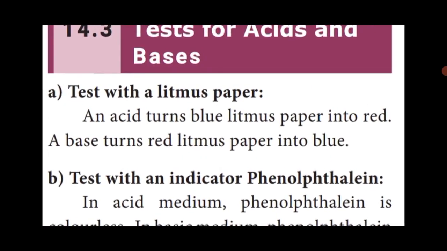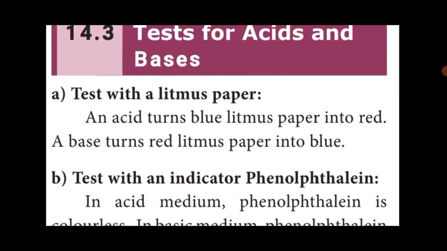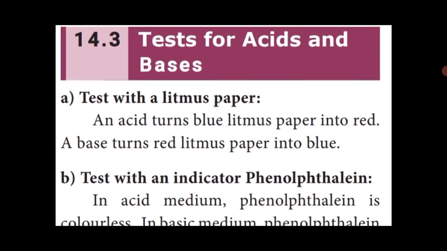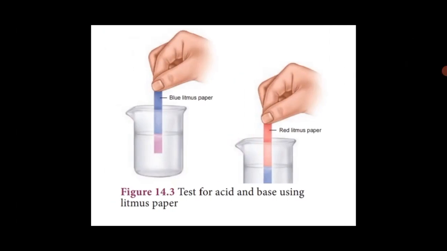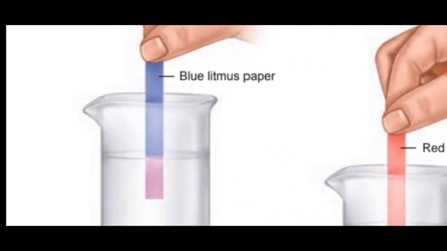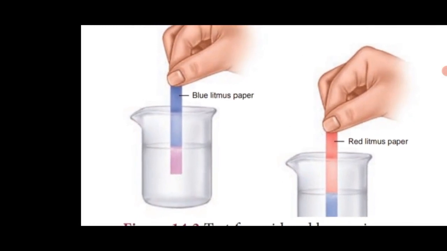The first test is the test with litmus paper. Using litmus paper, acids and bases are easily identified. An acid turns blue litmus paper into red, and a base turns red litmus paper into blue. See this picture. The first beaker contains acid.